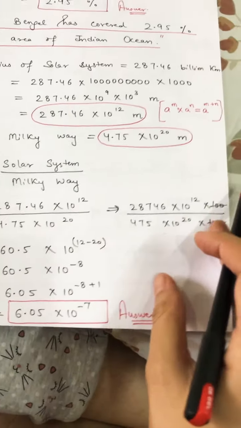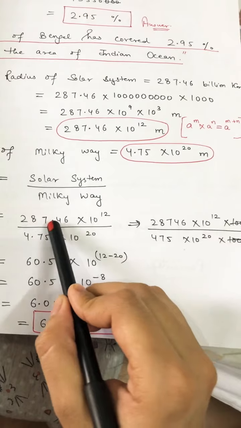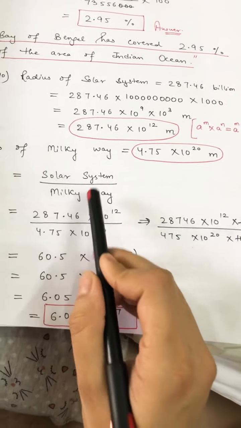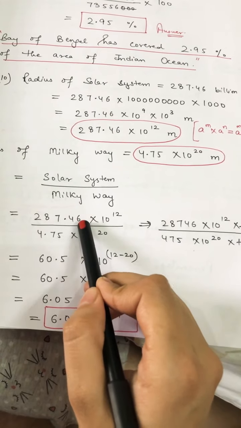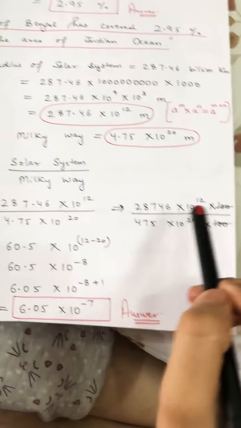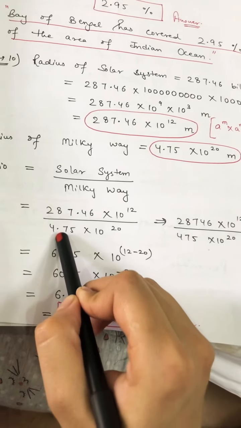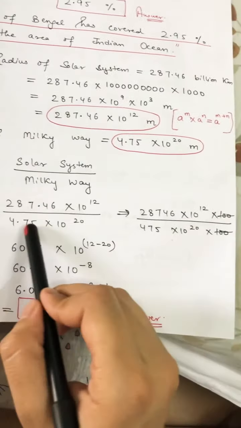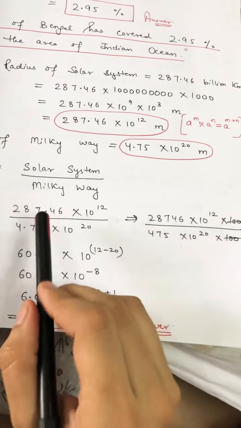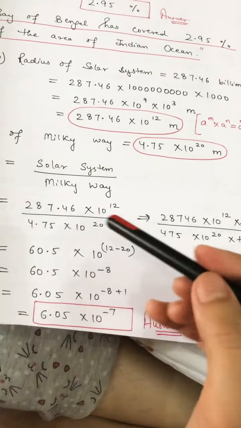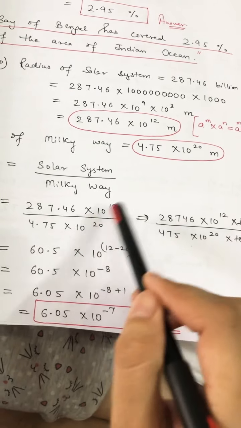First of all, I'm going to remove the decimals from the numerator and denominator. If I remove this decimal, how many zeros will come in the denominator? 2 zeros. If I remove this decimal, how many zeros will go in the numerator? 2 zeros. You know very well, after removing decimals, how you can shift the zeros from here to here or here to here.